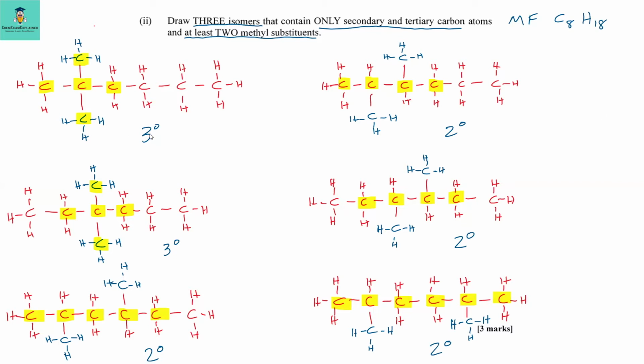Now, it is tertiary because we have this carbon attached to this carbon, and the carbon that it is attached to is linked to 3 other carbons. So here we have 1, 2, 3 carbons. So this carbon is your tertiary carbon because it is attached to 3 other groups.